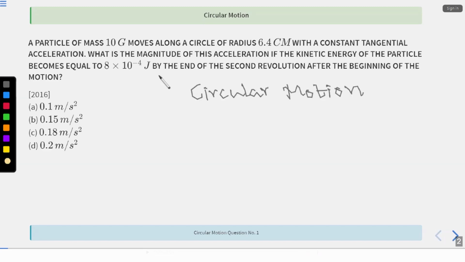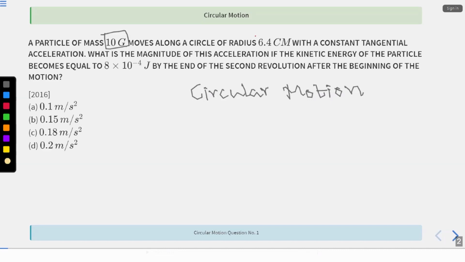And we have been given the mass, and that is in grams. I've told it so many times in my previous sessions also that you have to focus on the units given, because there will be times when the options are very similar, right? Okay.